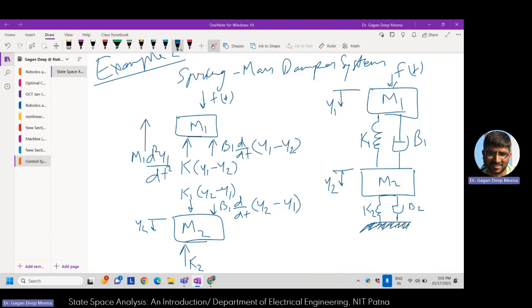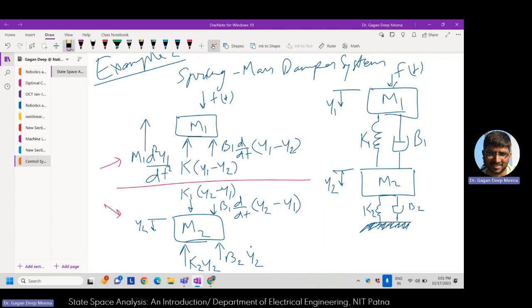So k2 y2 will be the reaction force, and from the damper side b2 y2 dot, which is dy2 by dt. That's the free body diagram for this part. So this is one free body diagram, this is another, and by using both of these free body diagrams I can write the differential equations.